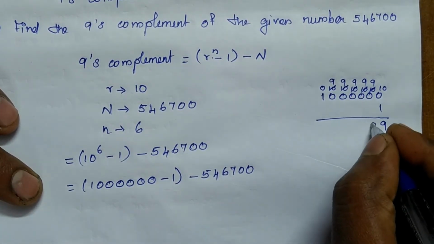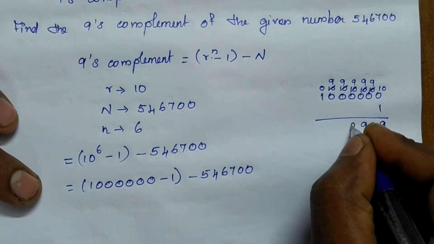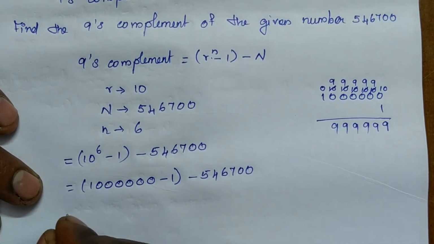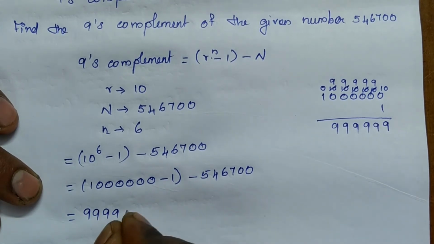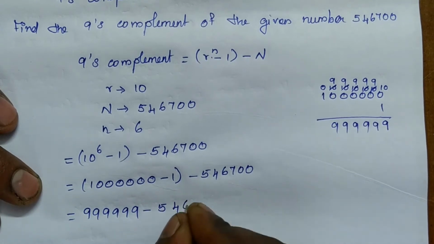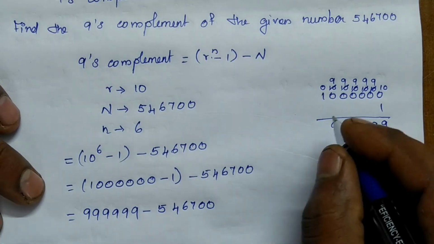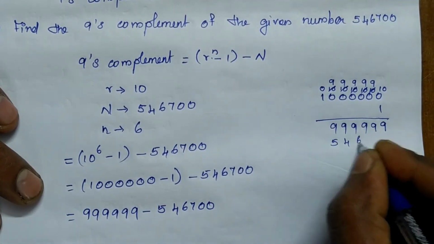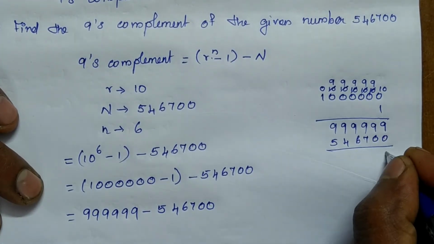Here already we are having the value 9. Here also 9, here also 9, 9, 9. Last value 0. Therefore here we will have the term 9, 9, 9, 9, 9, 9 minus 5, 4, 6, 7, 0. If you subtract this value 5, 4, 6, 7, 0, here the value is 9.